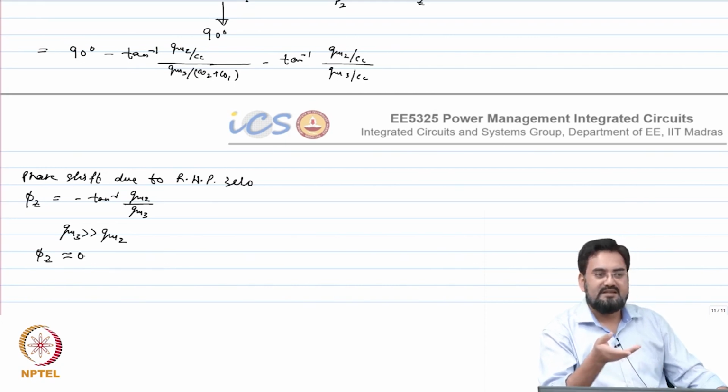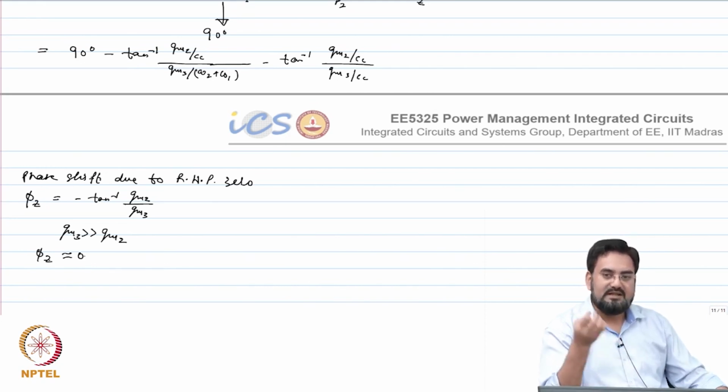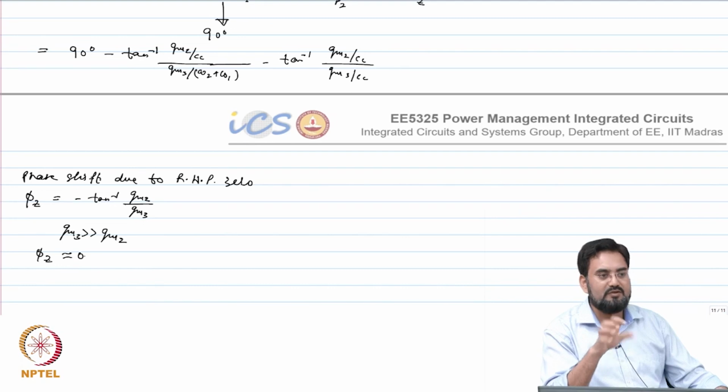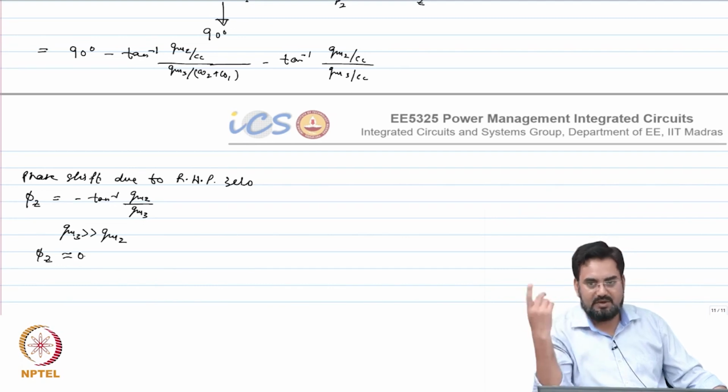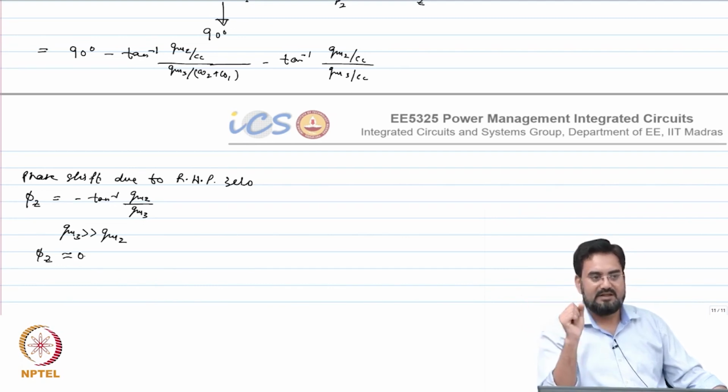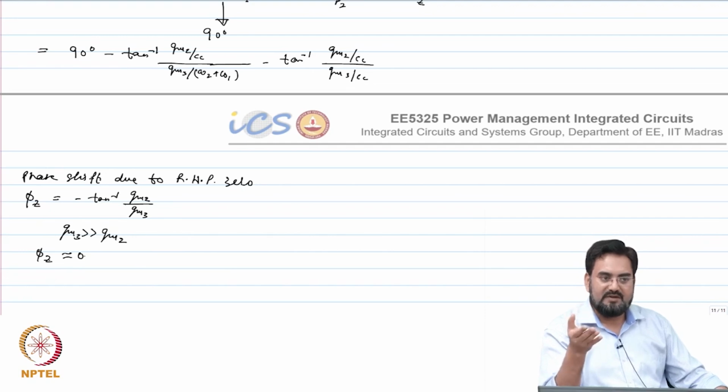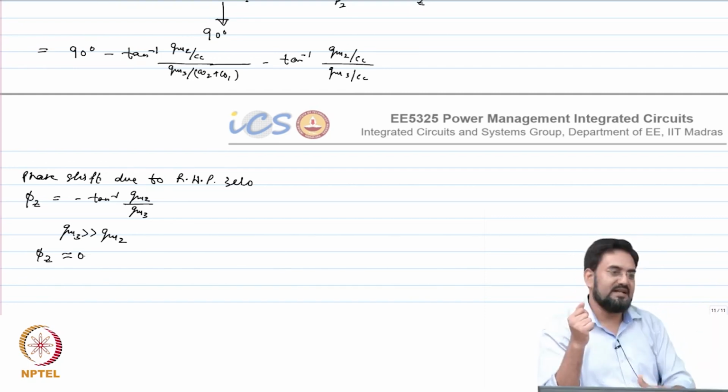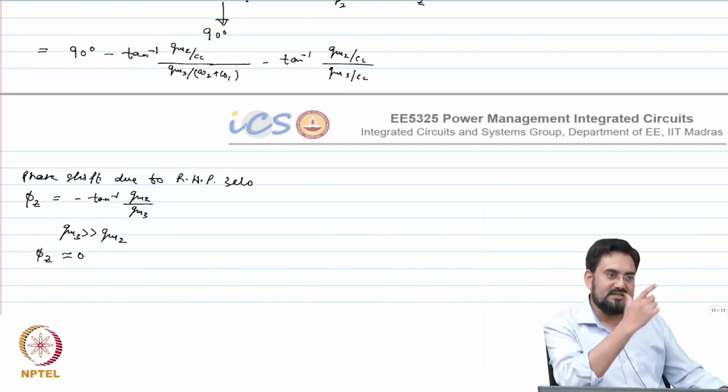But the problem here is that you want to keep the GM2 also high. You cannot keep it very low due to offset reasons. If your amplifier has a very low GM, your input referred offset will be very large, because any mismatch in the current will get reflected as a large change in the voltage.